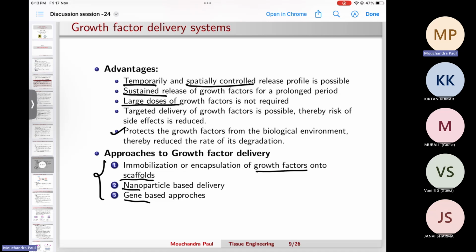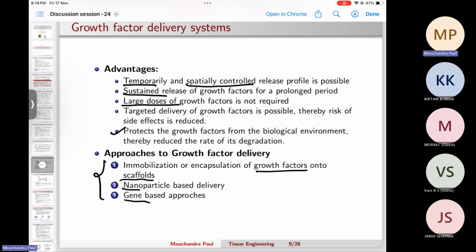The pH of those sites is relatively lower than our body's pH, meaning there is an acidic environment. So the pH is not 7.4. We can use a material to make, say, a nanoparticle out of it and load our growth factors into that nanoparticle.